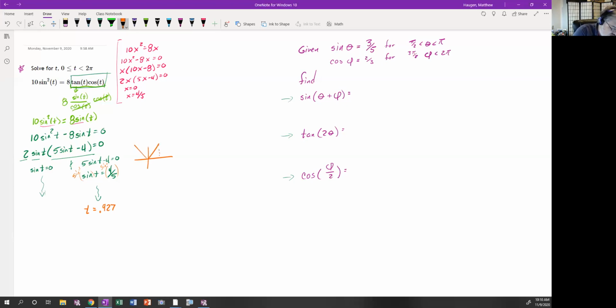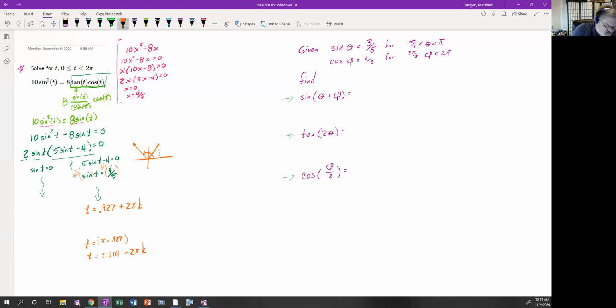Our other answer is going to have to be in quadrant 2. So I'm going to find the other one by taking pi minus the 0.927. So pi minus that answer, 2.214. Now, of course, for a general solution, we'd add coterminals.